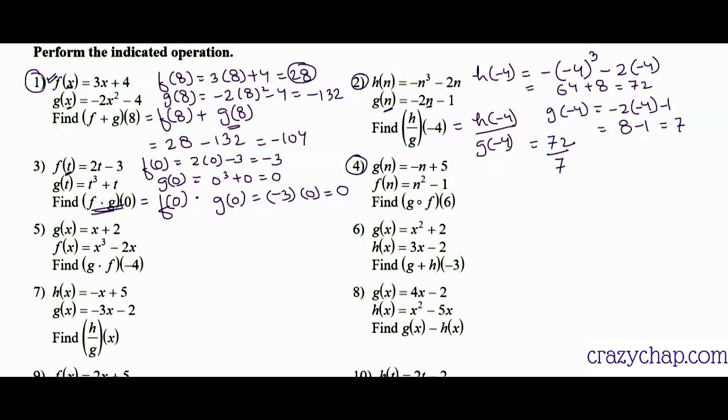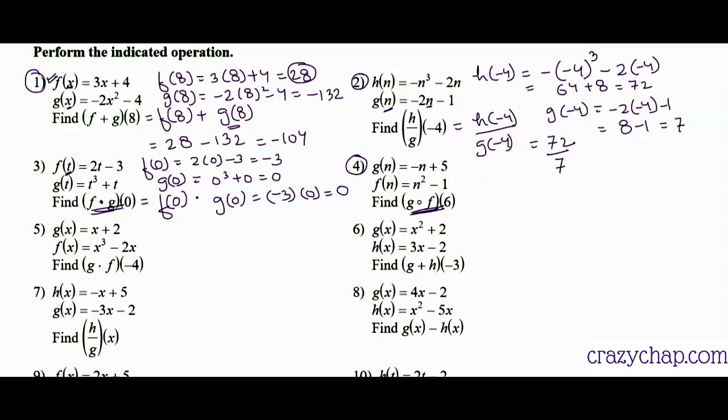Come to number 4. The g(n) function is given, the f(n) function is given. We have to find g of f(6), guys. Yes, this is important. This is not multiplication. Multiplication was question number 3 where we had a dot. This is not a dot. This is g of f(6).